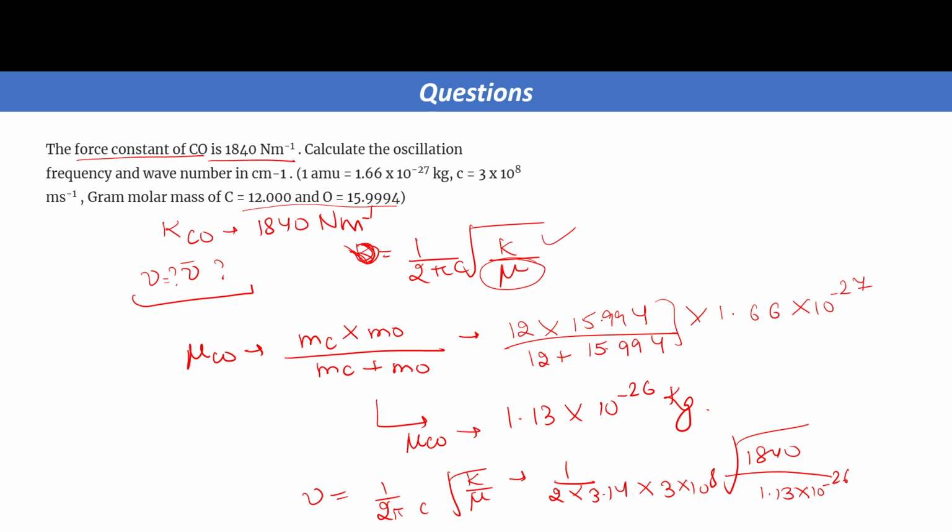After solving it, it will be 6.3996 into 10 raised to 13 hertz. Now we have calculated the frequency. For the wave number, we simply divide the frequency by c, the speed of light, and the value will be 2134 centimeter inverse.